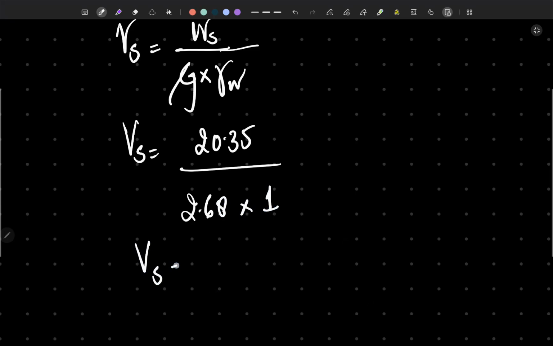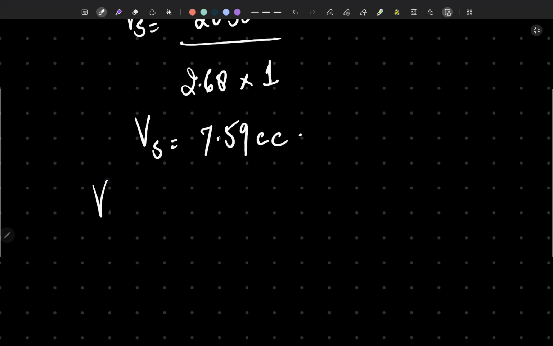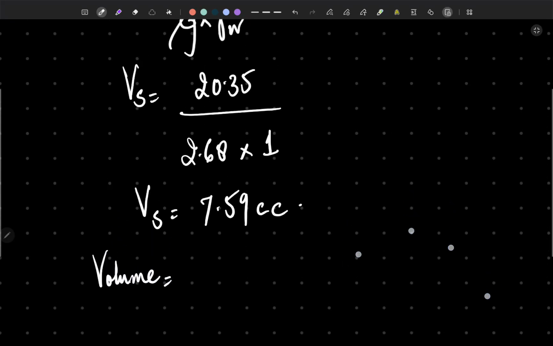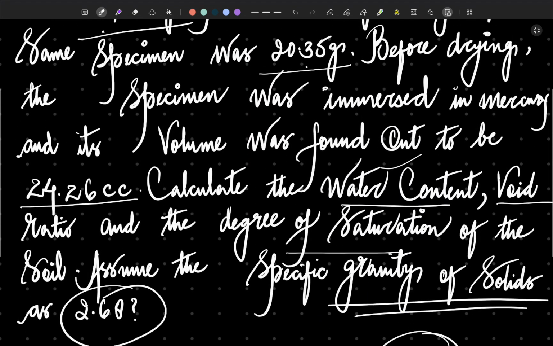So volume of solids by calculation is 7.59 cc. All right, now the total volume, it's given.